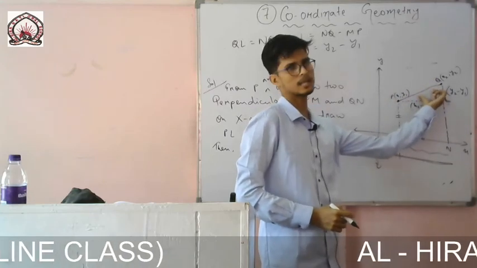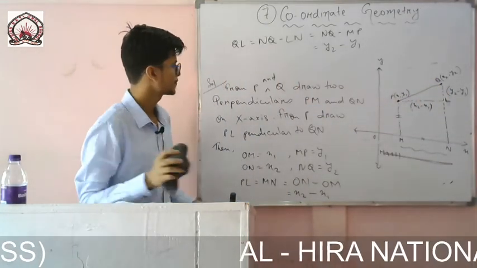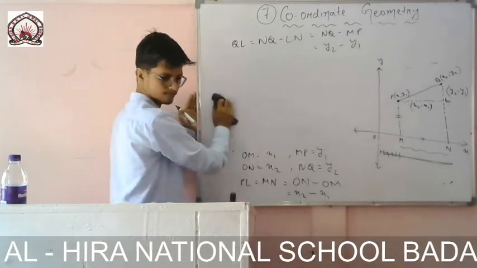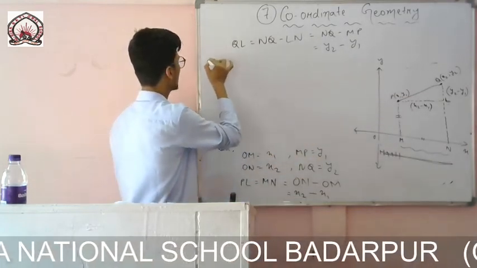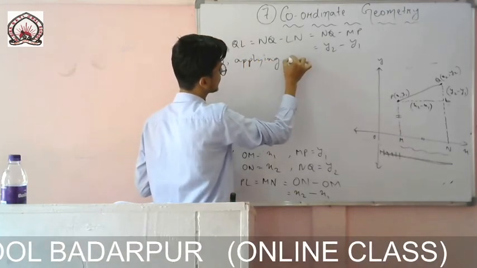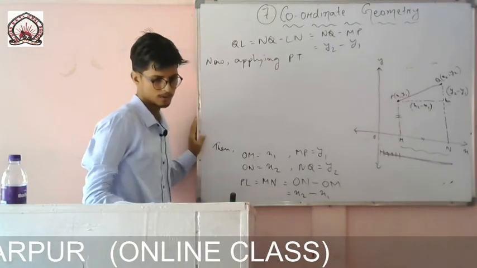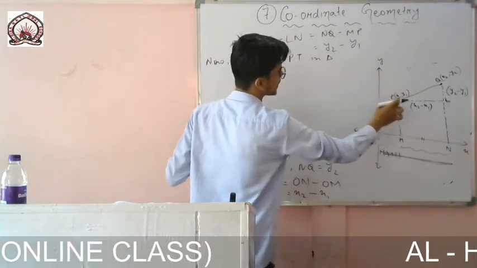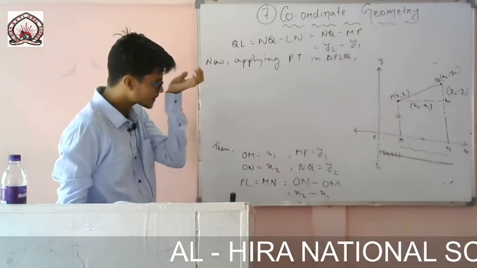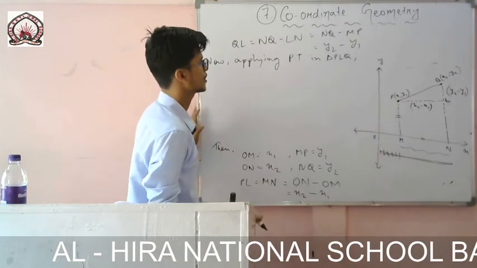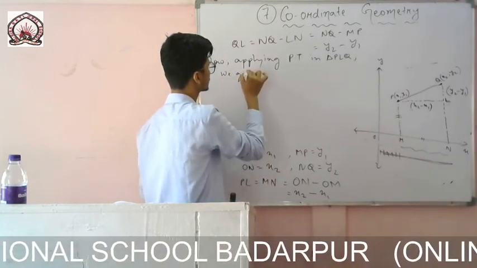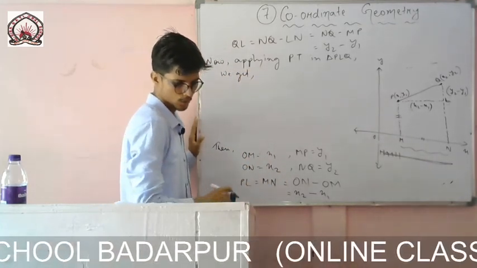Now I can easily find the length of this one by using the Pythagoras theorem. Now applying the Pythagoras theorem in triangle PLQ, we get PQ square.